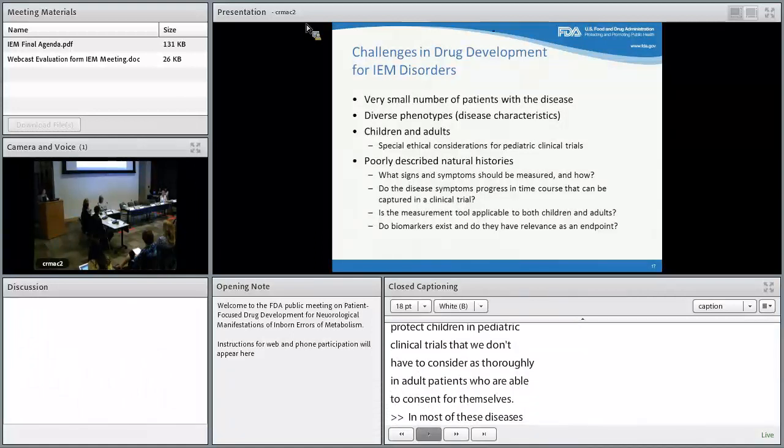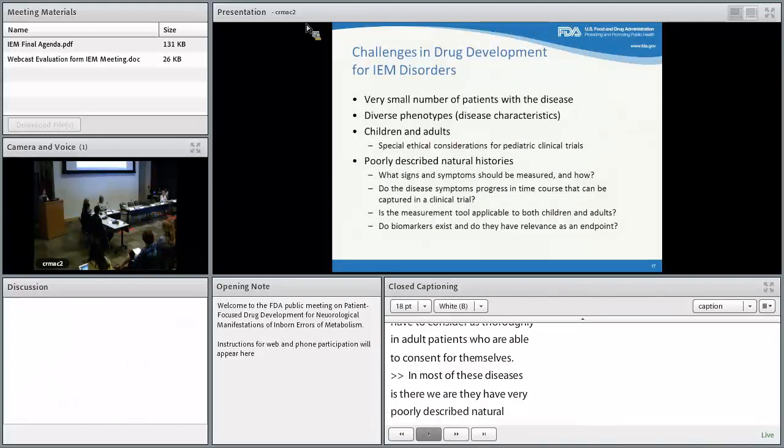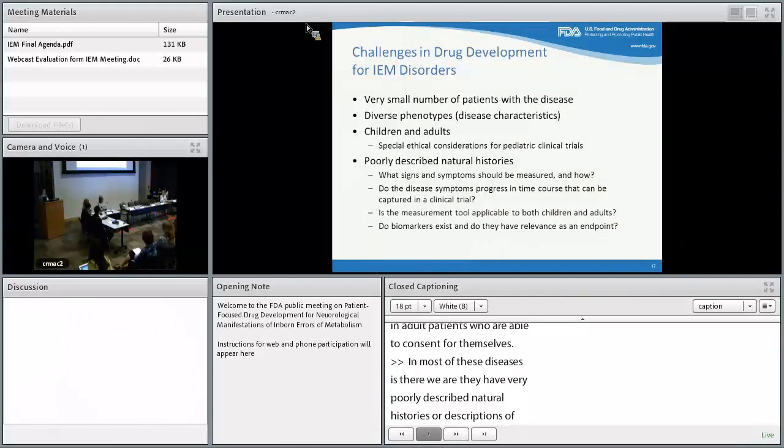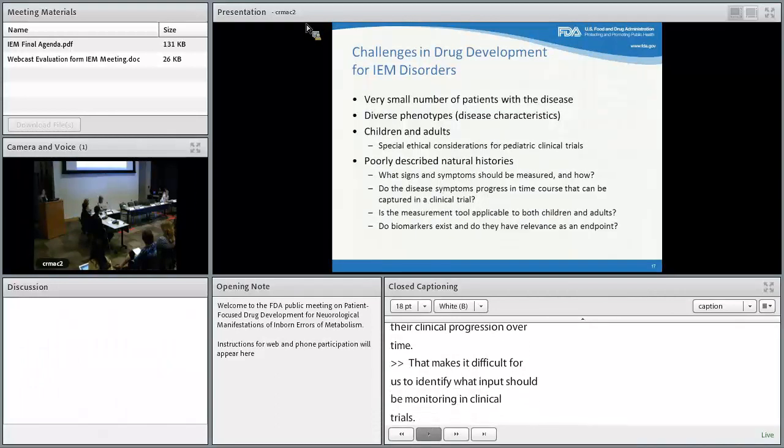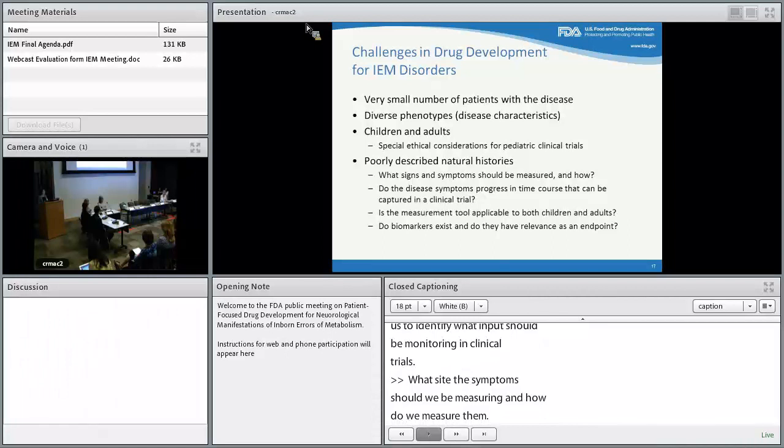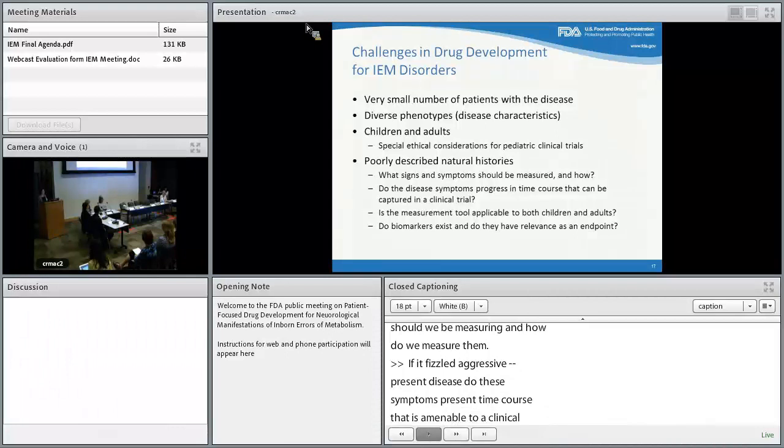And then most of these diseases, again, because they're rare, have very poorly described natural histories or descriptions of their clinical progression over time. That makes it difficult for us to identify what endpoints we should be monitoring in clinical trials. What signs and symptoms should we be measuring, and how do we measure them? And if it's a slowly progressive disease, do the disease symptoms progress in a time course that's amenable to a clinical trial, which tend to be relatively short?